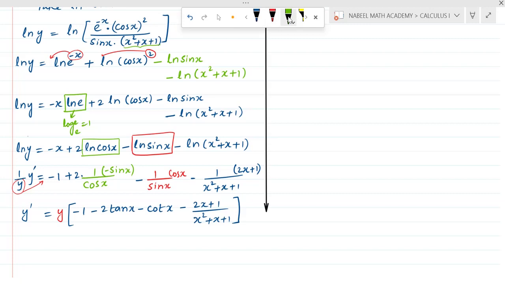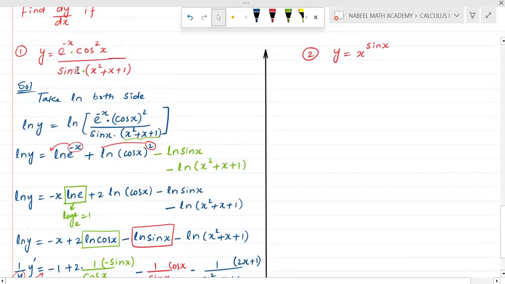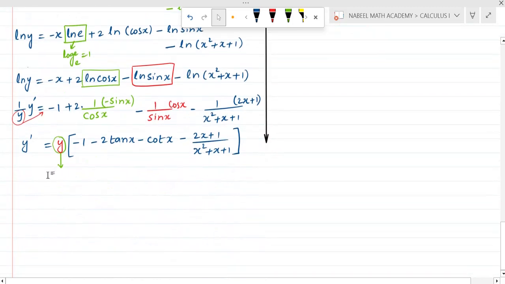Now what is this y? I have to give the answer in terms of x. So I replace it with the question. What is this one? This is nothing but the same thing which is given in the question: e power minus x times cosine squared x over sine x times x square plus x plus 1. Copy here and then paste it here.